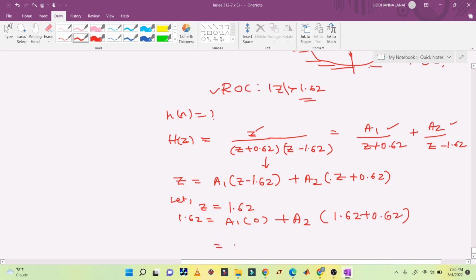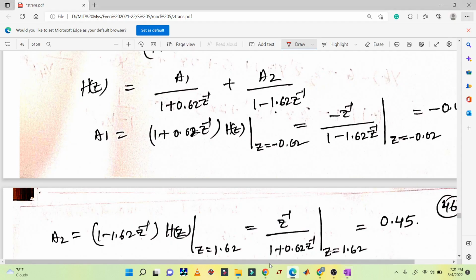So A2 into 2.24, and this is 1.62. So with this we will get A2 as 0.45.